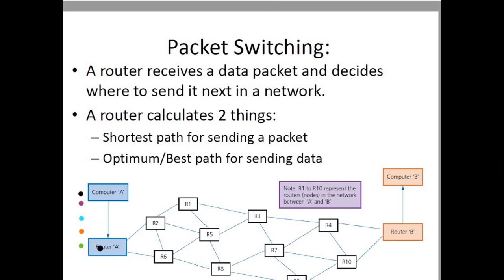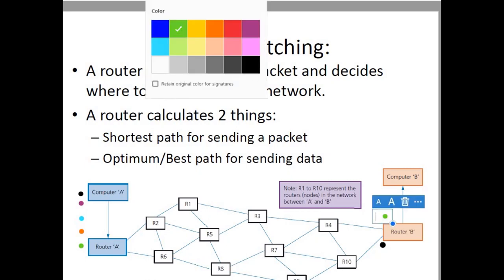Now when these packets are sent, router A is going to receive all these 5 packets. Then let's suppose for the black packet it decides router 2, router 1, 3 and 4, and the first packet arrived. Now for the purple packet, router 2 decides router 1 is busy, so it may send it to router 5, which is going to check which of all the possible paths is the free one or the shortest one.